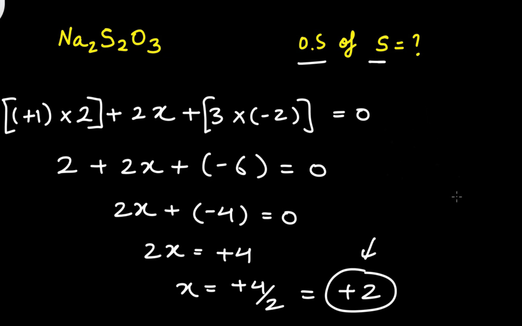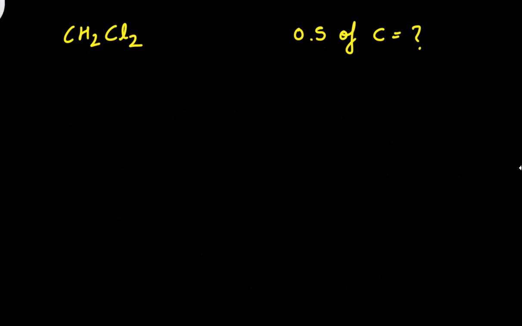Now let's move to the next. The molecule is CH2Cl2. Here you have to find the oxidation state for carbon. So start calculating. First take X plus, now hydrogen. Hydrogen is considered to have +1 oxidation state.